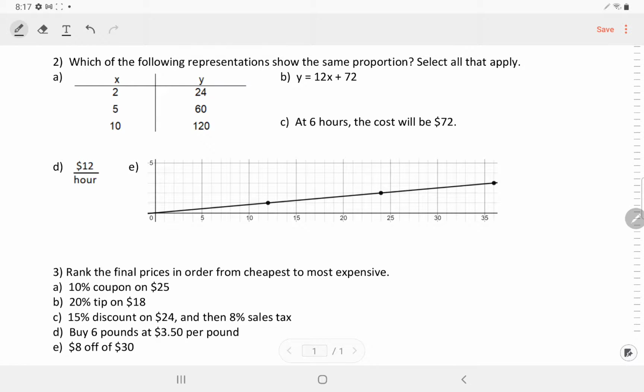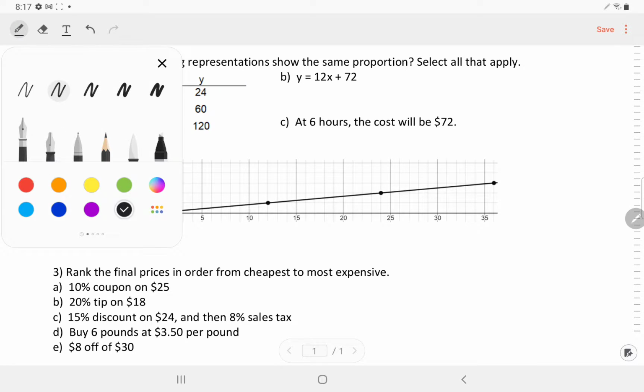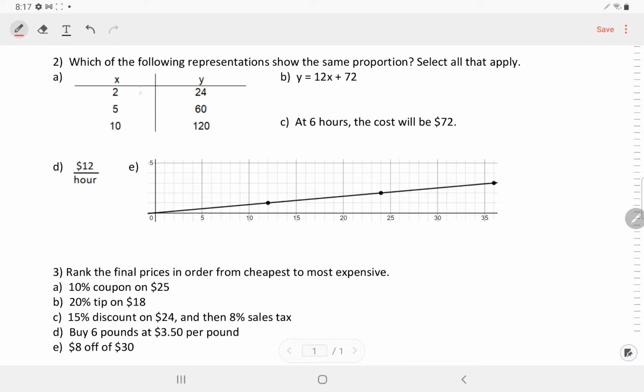So let's look at what patterns we see. If we start with the table, we can see that 2 times 12 is going to get us 24, and 5 times 12 will get us 60, and 10 times 12 will get us 120. So the constant of proportionality, which we call k, is equal to 12.